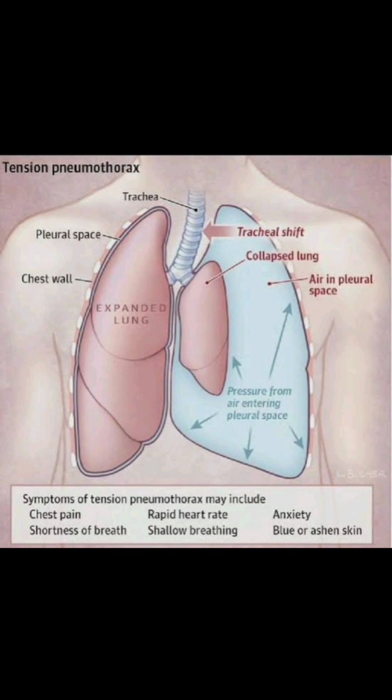The clinical manifestations of tension pneumothorax are cyanosis, air hunger, violent agitation, tracheal deviation away from the affected side, subcutaneous emphysema, neck vein distension, hyperresonance to percussion. Emergency medical management of tension pneumothorax is needle decompression followed by chest tube insertion with a chest drainage system.